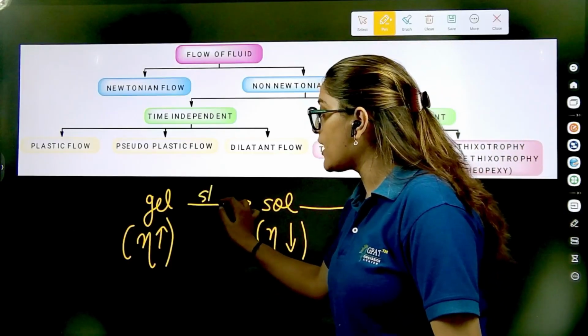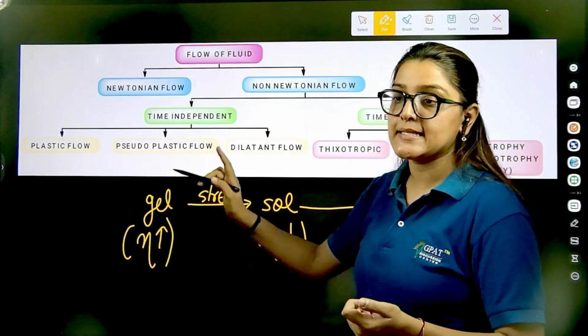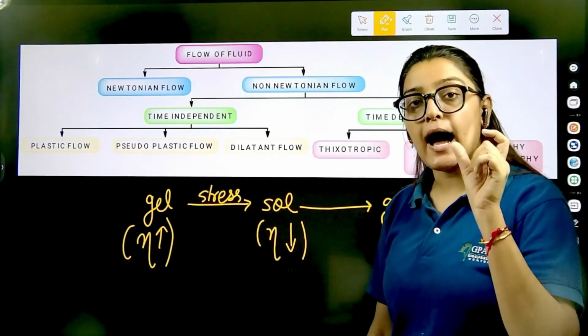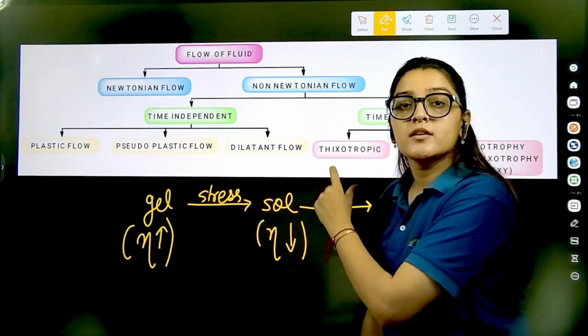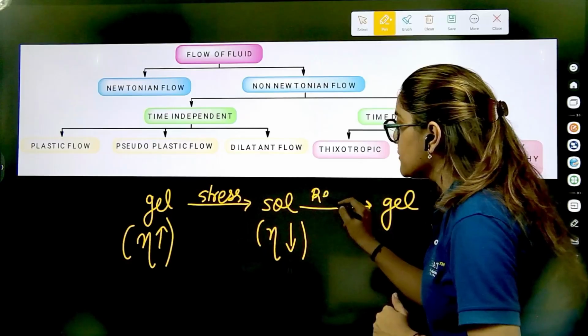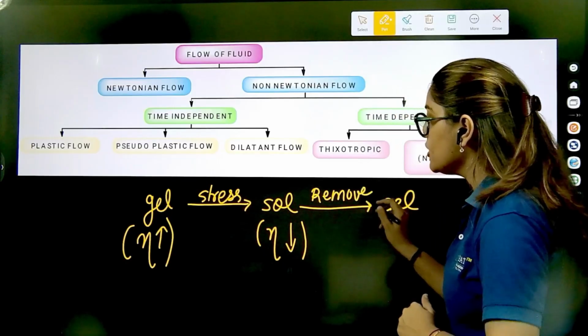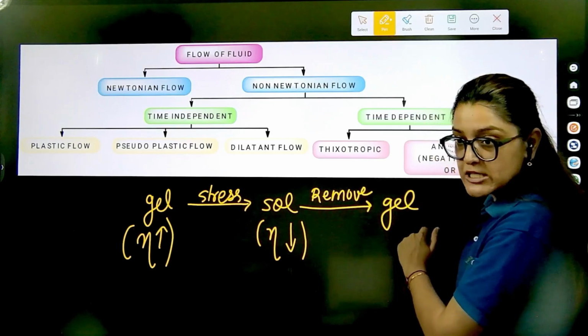So if you apply stress, it converts the gel state, which is a higher viscosity state, to a sol state, which is a state of lesser viscosity. And now once you remove the stress, it again switches back to its original state.